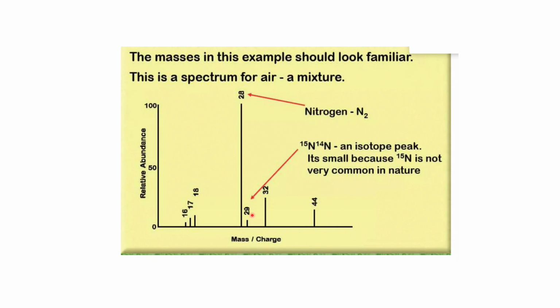And 29 could indicate N15, which is an isotope of nitrogen N14. It is small because N15 is not very common in nature, which is why you see very little abundance of the isotope N15, but the highest abundance for normal nitrogen N14.